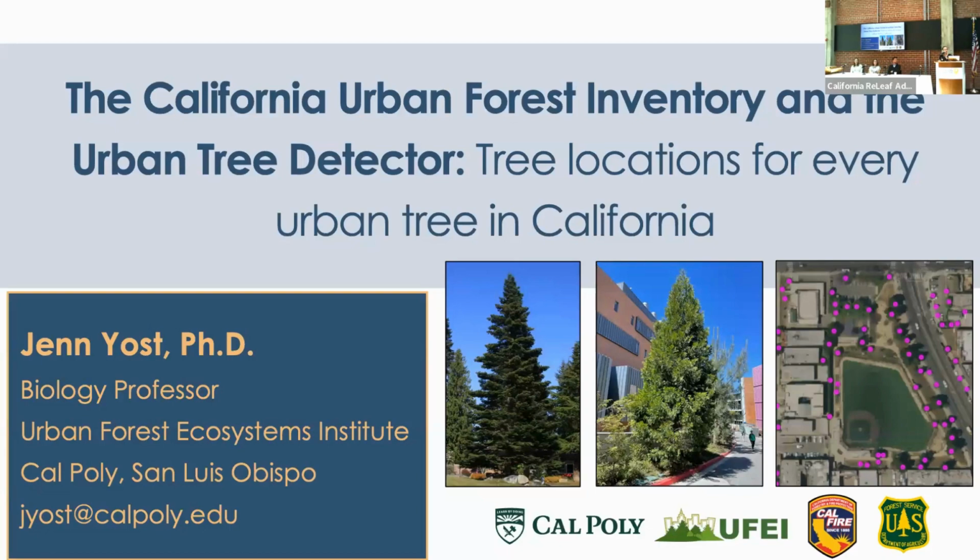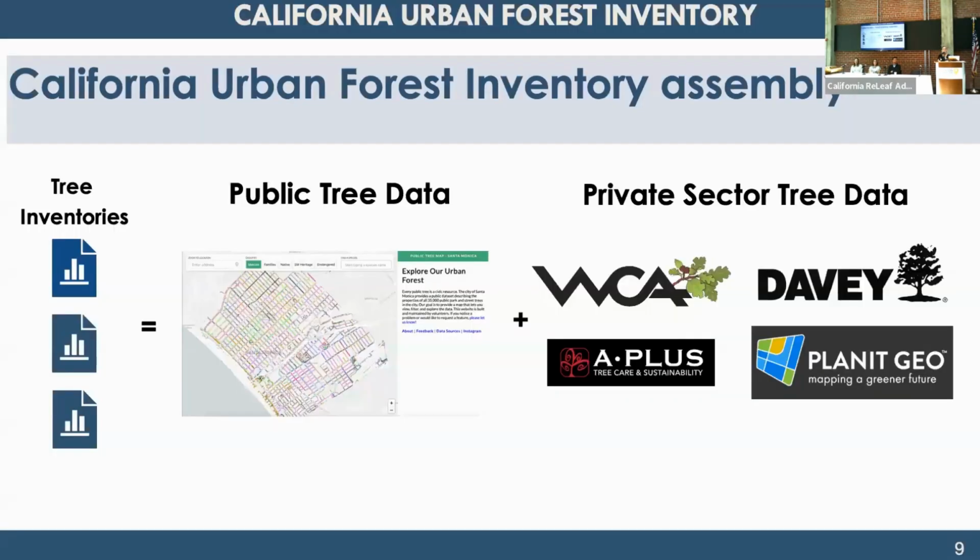And so what we've done over the last several years is collect tree inventories from every source that we can possibly get. Some of those sources involve publicly available tree inventory data. Some cities publish that data on a public-facing website. Most of these inventories were funded by CAL FIRE funding to various urban forest programs at cities, and that data is all publicly available.